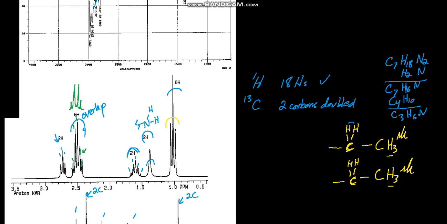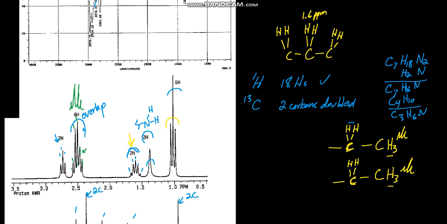So let's go back. A pentet we've seen before too. I know it seems like I'm kind of doing random stuff, but I'm trying to derive the structure from the data. A 2-hydrogen pentet there at 1.6 ppm. We've seen that before. We've gotten clean pentets from an arrangement like this.